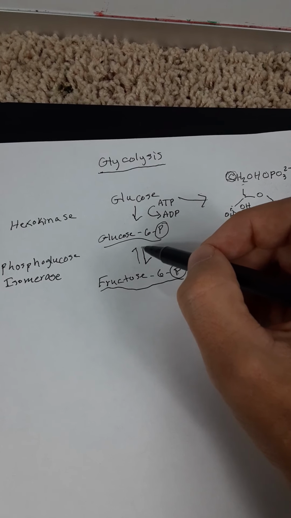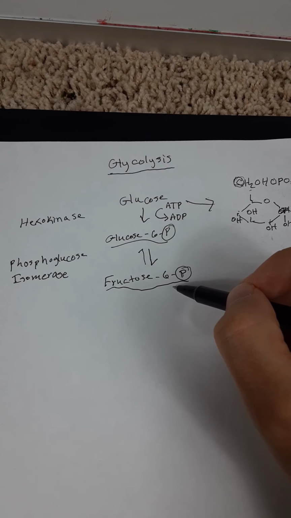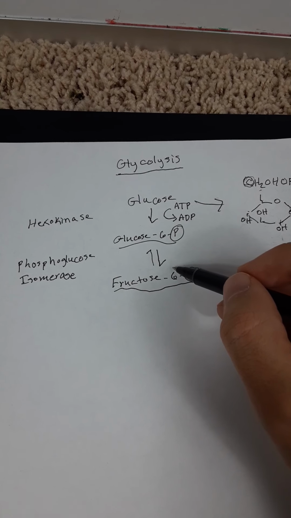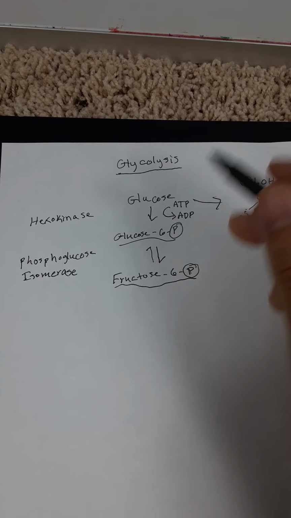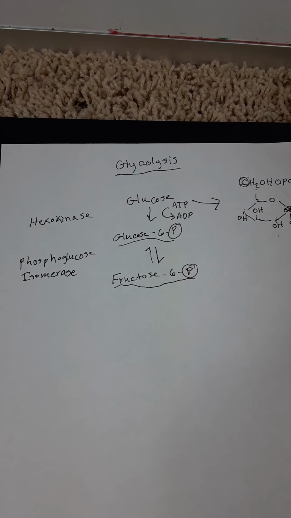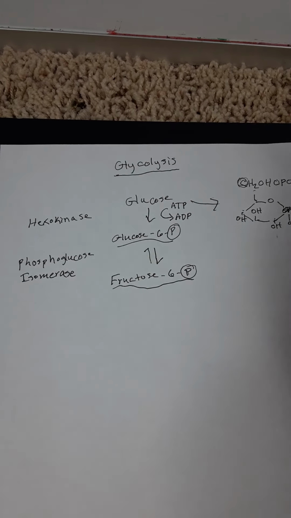Now when you have 2 lines, glucose 6-phosphate can change to fructose 6-phosphate, but it can also change back to glucose 6-phosphate. So the reaction can occur from product to reactants. It can go back and forth.